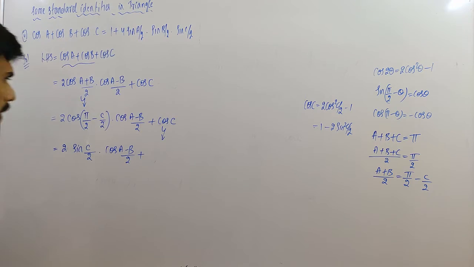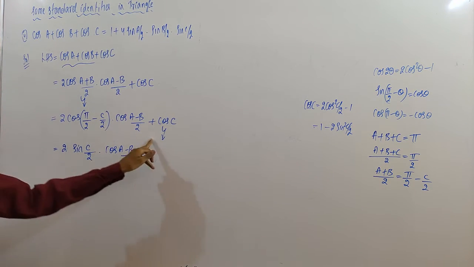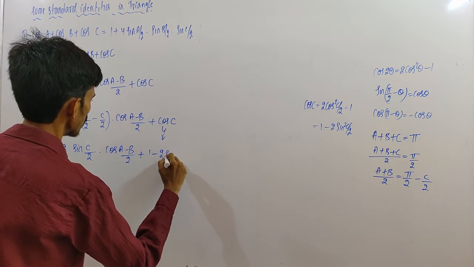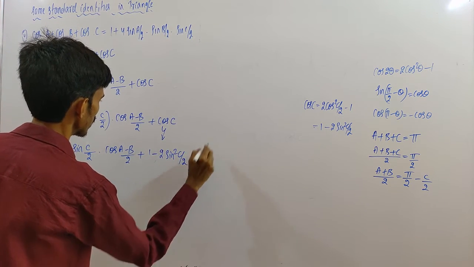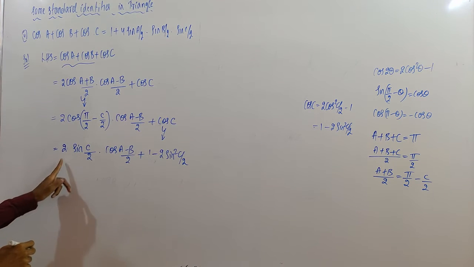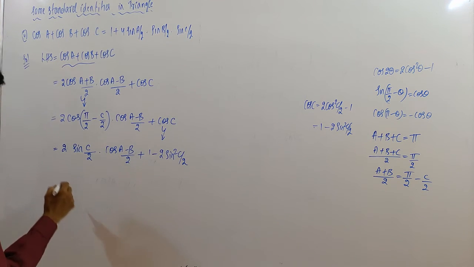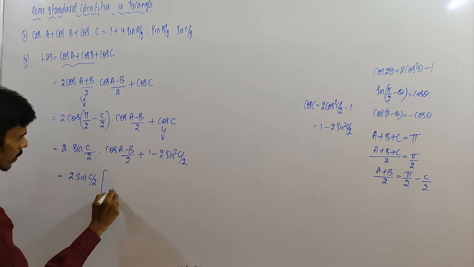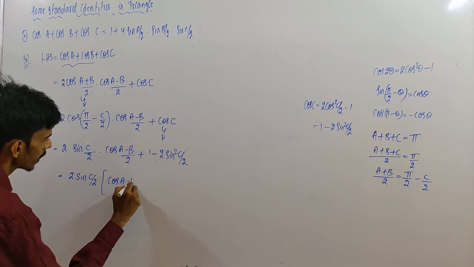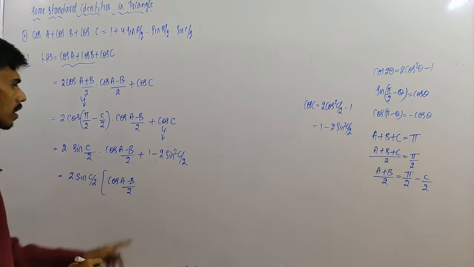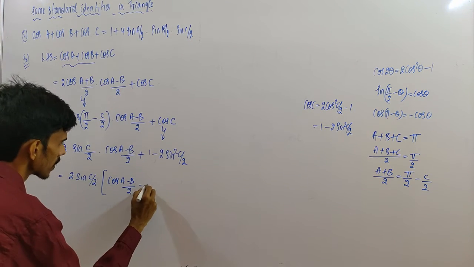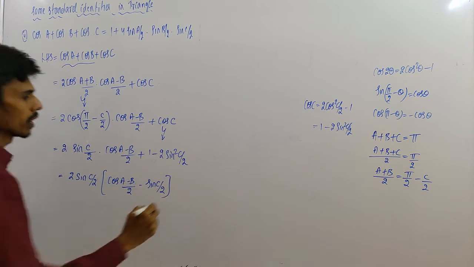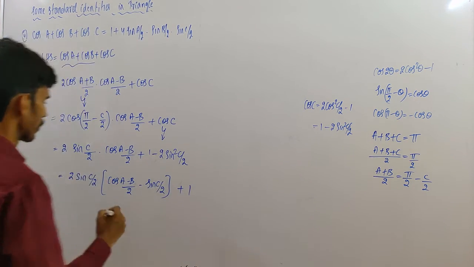We have these two formulas. Here we have sin, so take the sin formula: 1 minus 2 sin square(C/2). Here we have 2 sin(C/2) in both terms, so take 2 sin(C/2) common: cos((A-B)/2) minus sin(C/2). Here plus 1 is there, so write down plus 1 here.